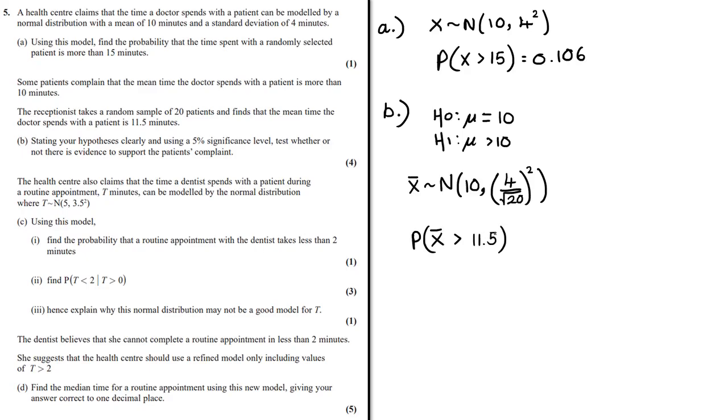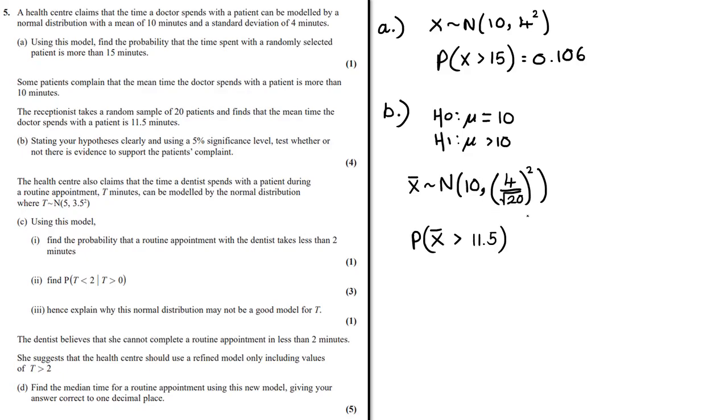Okay. So for this now, we put this into our calculator again for a probability. Your mean is 10. You need to take the square root of this, obviously because this is the variance. So make sure when you put sigma in, you don't put this squared in, but just the square root of this.